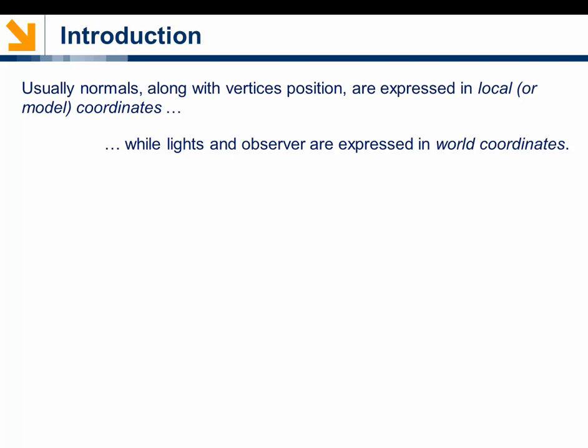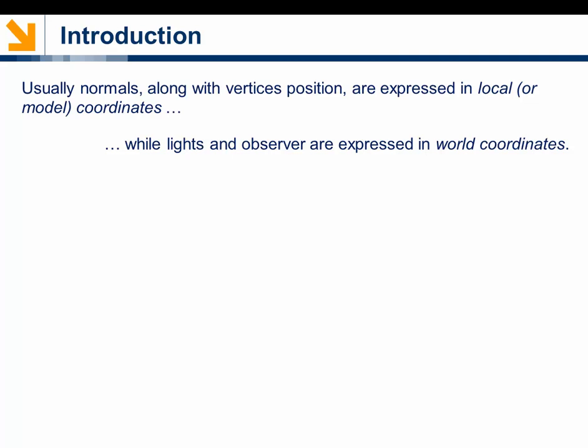Then I usually put some lights inside this world in order to illuminate the objects that I put inside the world. But then I have two different coordinate systems for different objects. I have the local coordinate system used for the objects to express their vertices and normals.